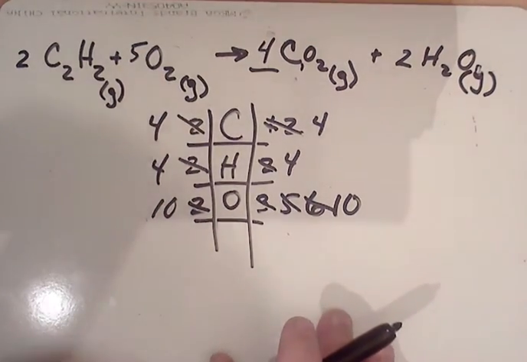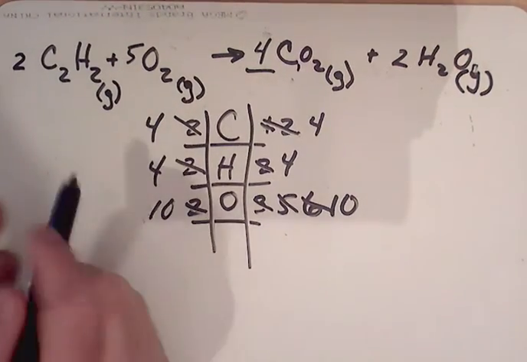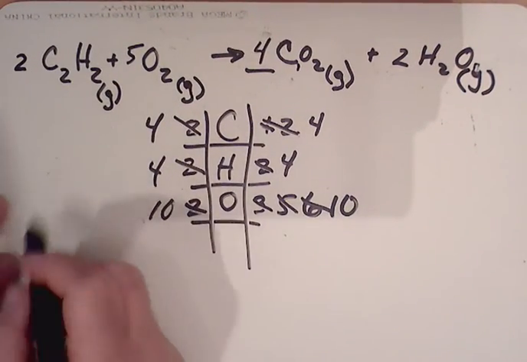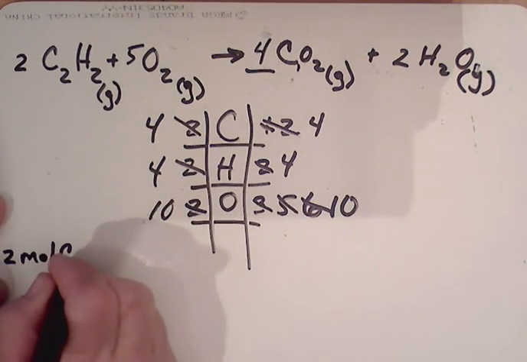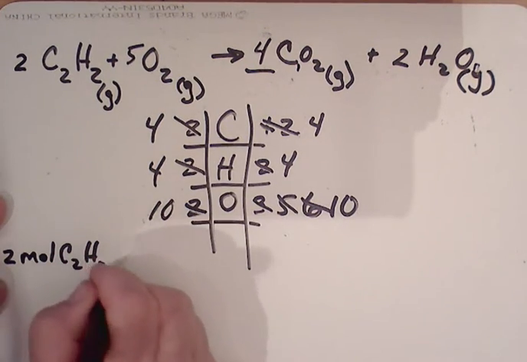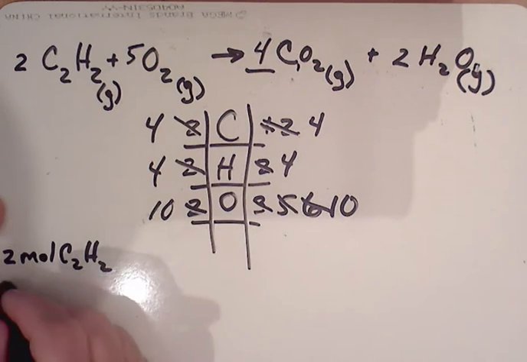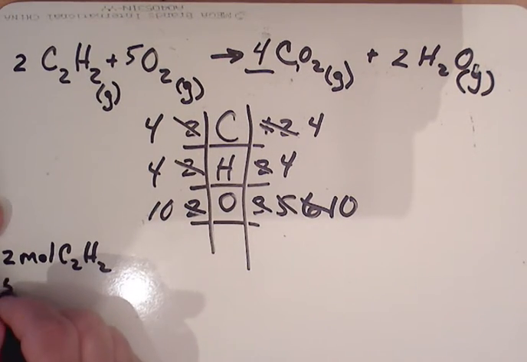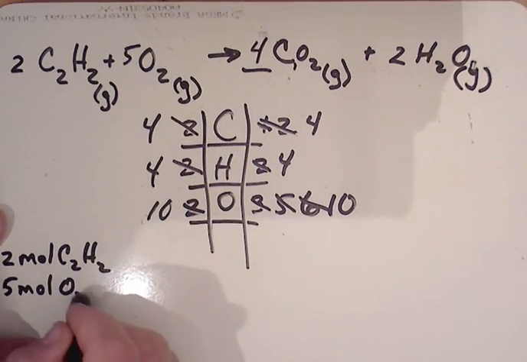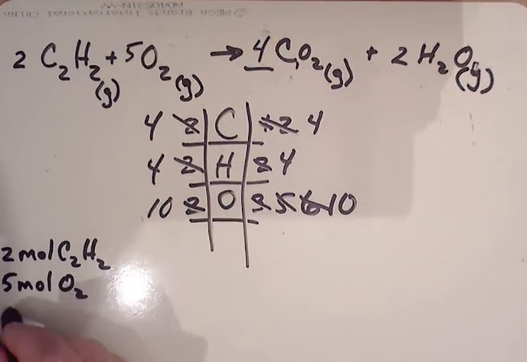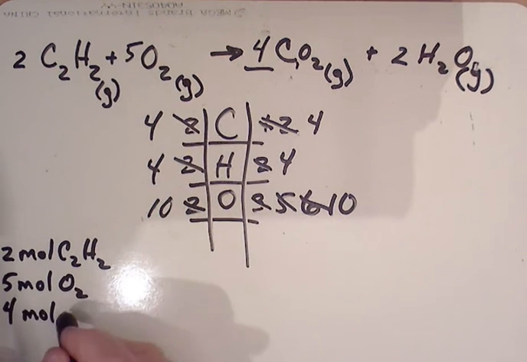To read this chemical equation, we can read that there are now 2 moles of C2H2. We also have 5 moles of oxygen. We have 4 moles of CO2.